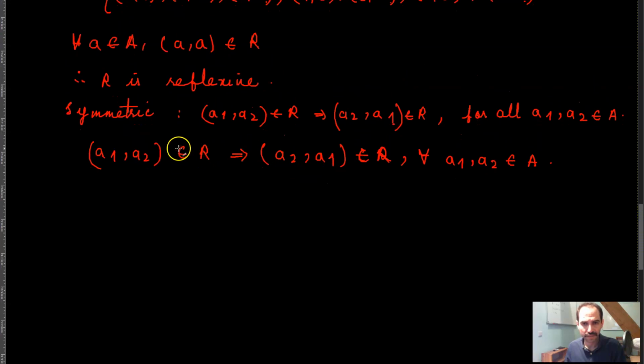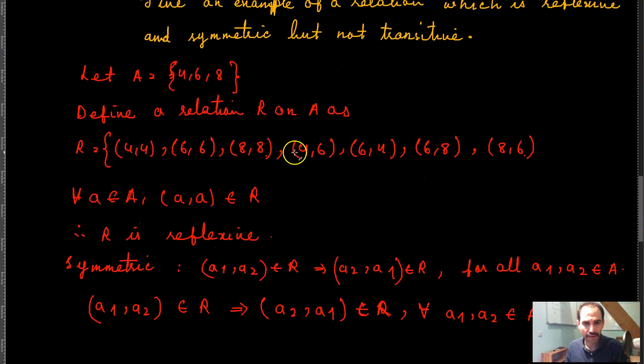So we are saying that A1, A2 belonging to R implies that A2, A1 belongs to R, for all A1, A2 belonging to R. And as you can see over here, of course, if you were to check the symmetry, 4, 4 is symmetric with itself, so you have no problem there. 6, 6 is symmetric with 6, 6, so you have no problem there. 8, 8 is symmetric with 8, 8, so you have no problem there. 4, 6 is symmetric with 6, 4, so you have no problem there.